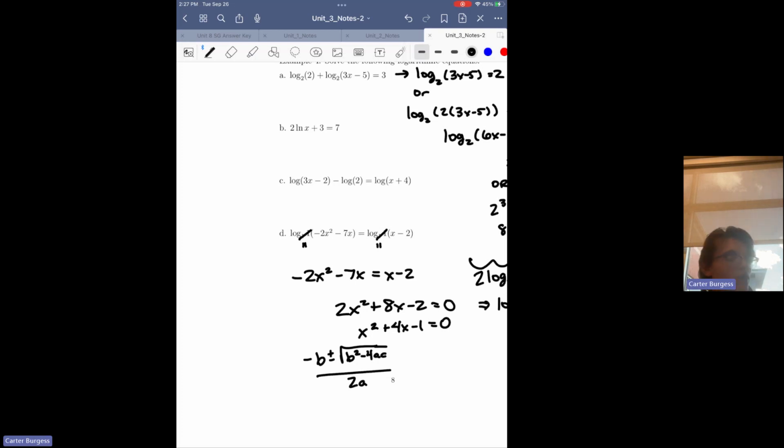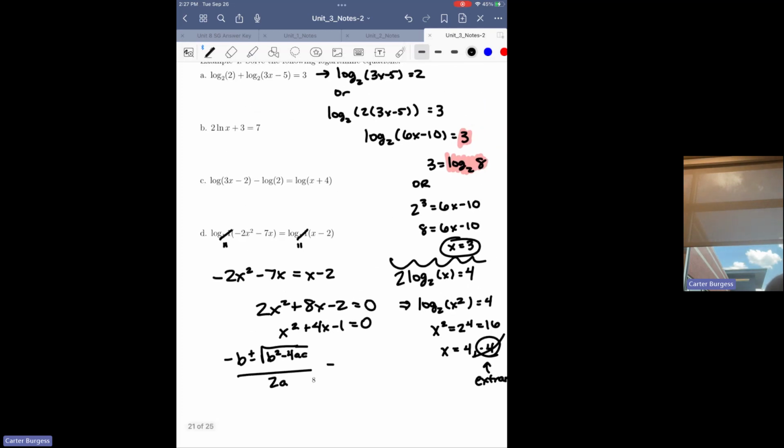And you could use either of our equations. I'm going to use the bottom one just because the numbers are smaller. So a is 1, b is 4, and c is negative 1. And from that, I get negative 4 plus or minus the square root of 16 minus 4 times 1 times negative 1, all divided by 2 times 1, which ends up working out to be negative 4 plus or minus the square root of 20, all divided by 2.